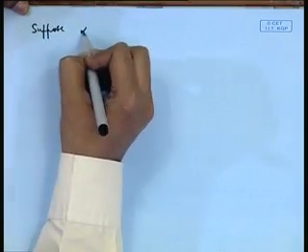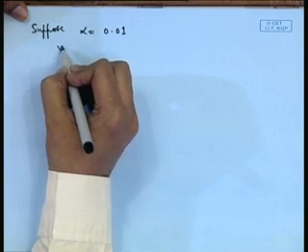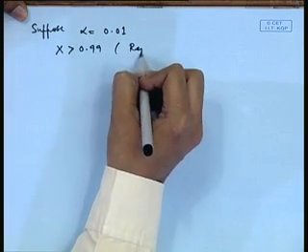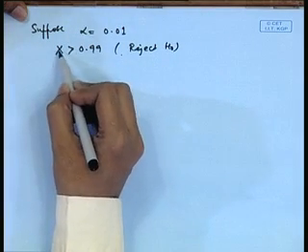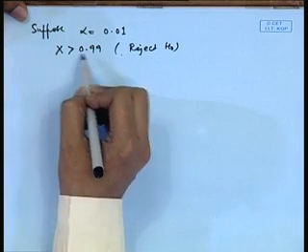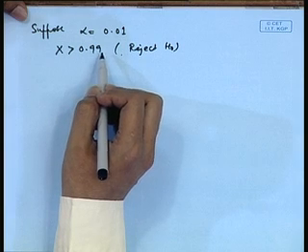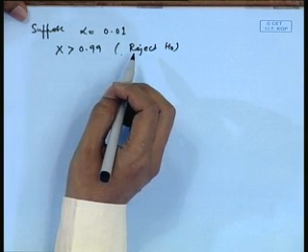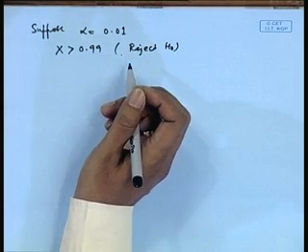Suppose alpha is equal to 0.01, then I should observe x to be greater than 0.99, then only you will reject H naught. On the other hand, if you observe x to be less than or equal to 0.99, you have no reason to reject H naught. So, this is the test function for the most powerful test.